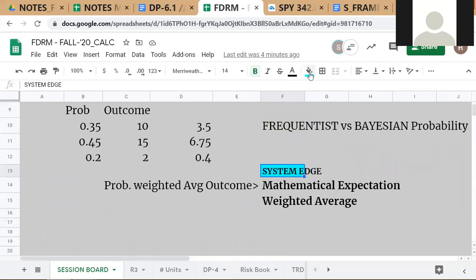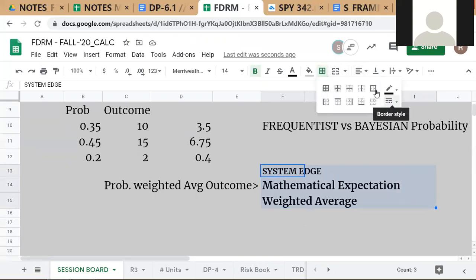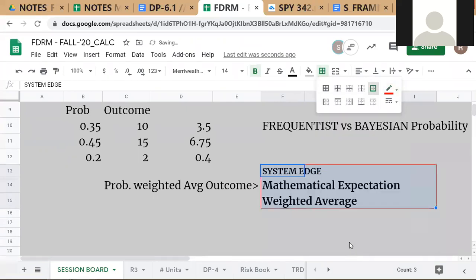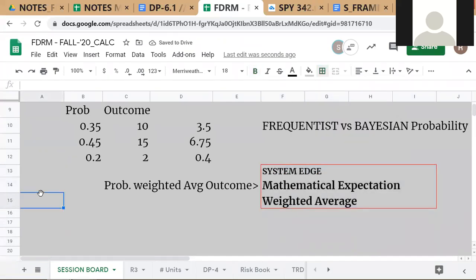All of these are the same thing. You should understand that for yourself. We'll put them all in one box, and we'll put some nice color around the box. This is also a probability weighted average outcome, but we'll talk about mathematical expectation.